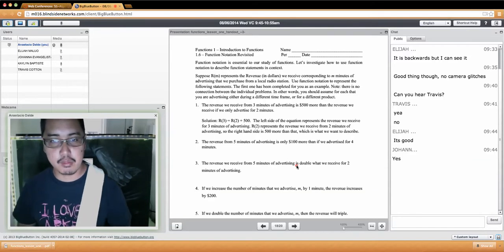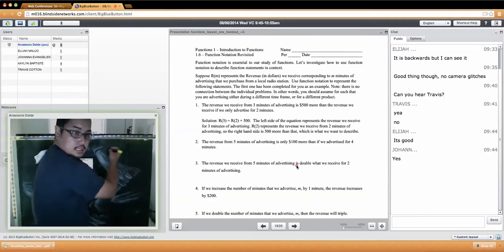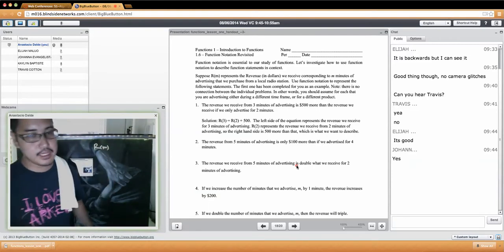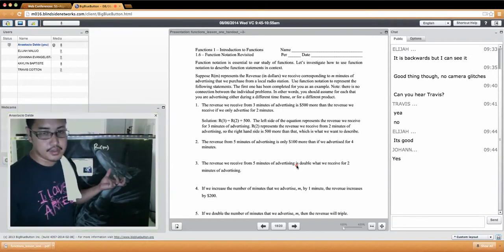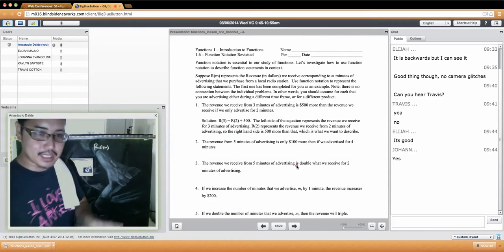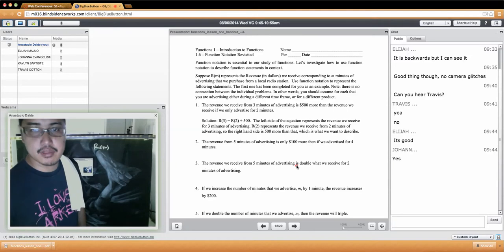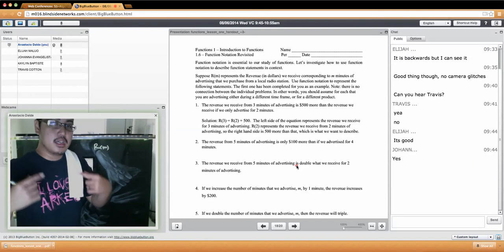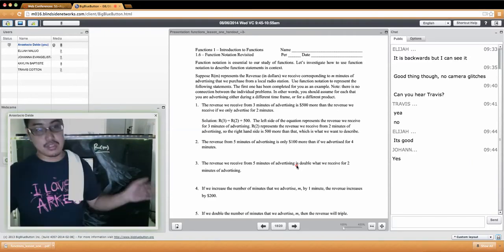And remember what I told you: when I write this down, R(M), this means R as a function of M. That doesn't mean R times M. Suppose R(M) represents revenue in dollars received for M minutes. Just writing down R(M) tells you a lot about the function.